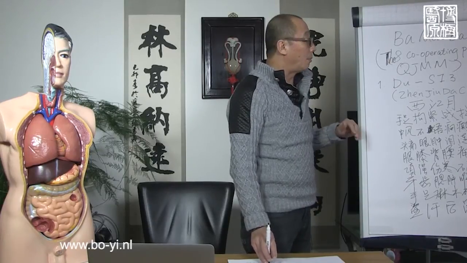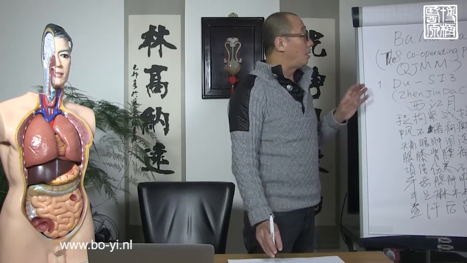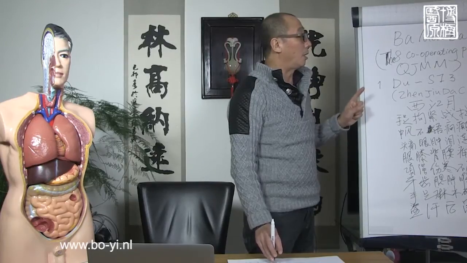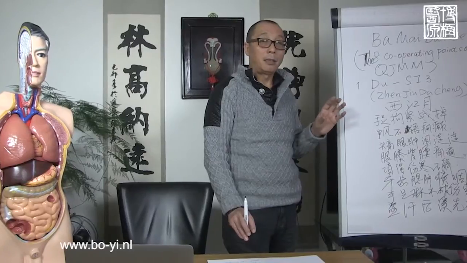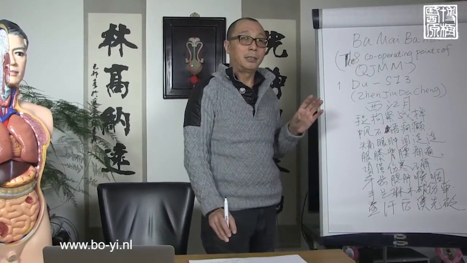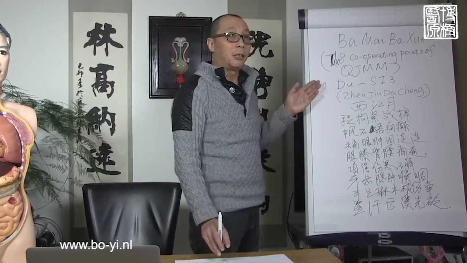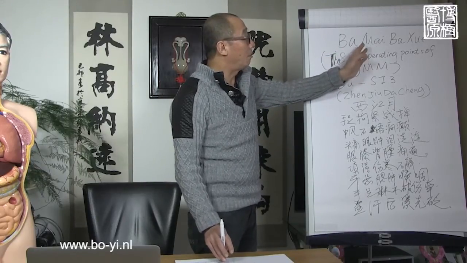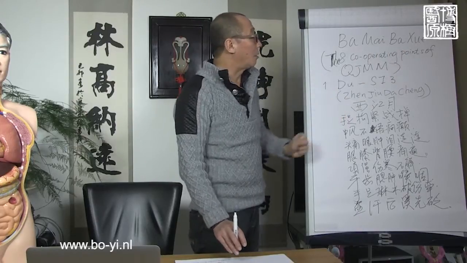Please remember, in the classic text of Jing Qi, these 8 points are not called confluent points, because 6 of them don't directly contact with the 12 meridians. So it's best we go back to the original name, Ba Mai Ba Xue, the 8 points for the 8 extraordinary meridians.